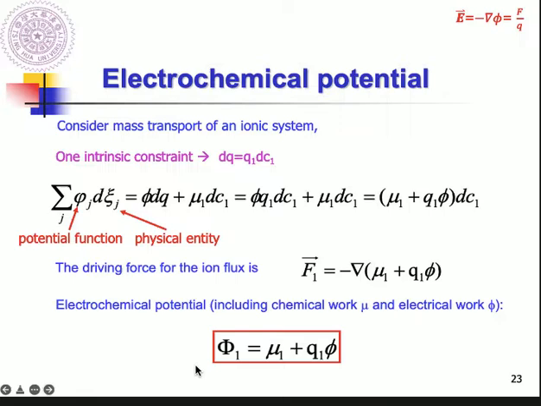So the electrochemical potential includes the chemical potential term mu and the electrical work phi that you apply on the system. So now the potential of the positive ions is modified as this one, which includes the chemical potential and the electrical work.